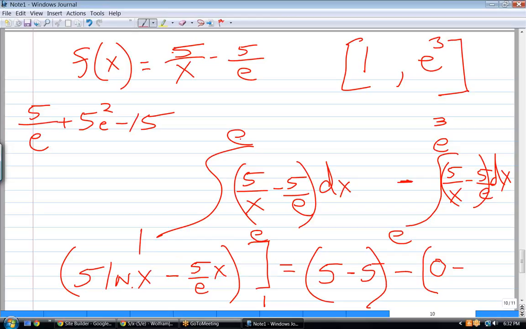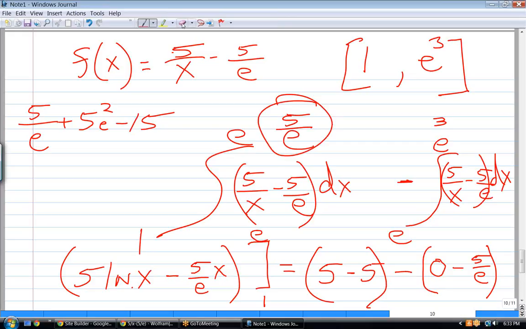Now I got to plug in e again. Well, that's 1. So the second part is 5 over e. There's nothing more to plug in. So this is 0. That's 0. So this is 5 over e for that integral.